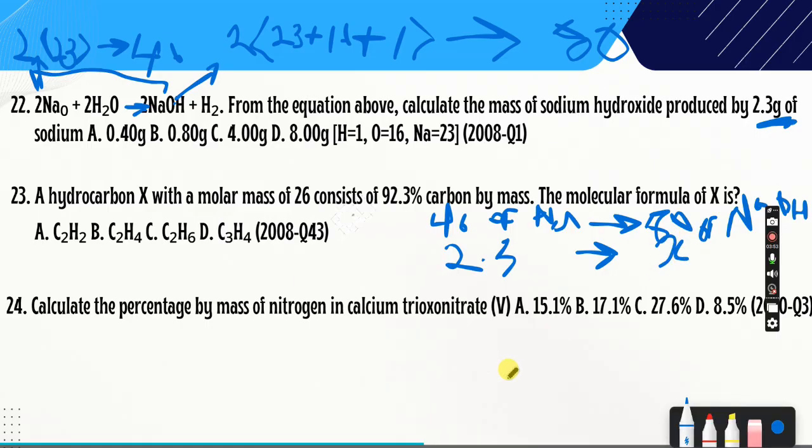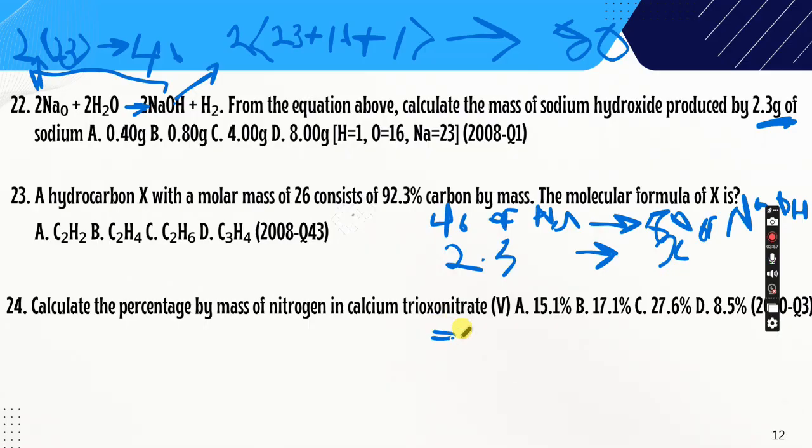So we are going to cross multiply, then our X is going to be equal to 2.3 multiplied by 80 over 46, and that will give us 4 grams. So our answer will be option C.